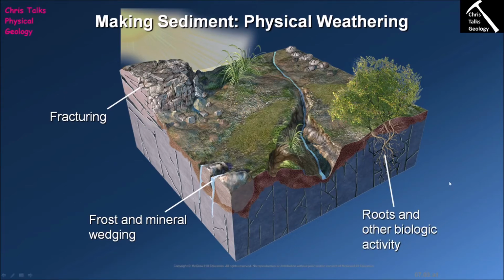There's also biologic activity which leads to rocks falling to pieces. The classic example would be roots of trees and bushes. A tree is going to try and exploit any crack it can find to put a root in for a couple of reasons. Number one, having a root in that crack helps to stabilize the plant.